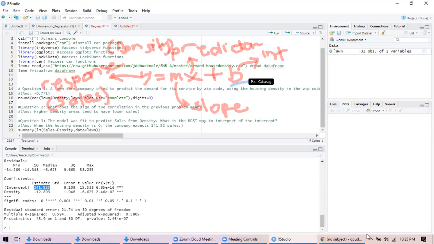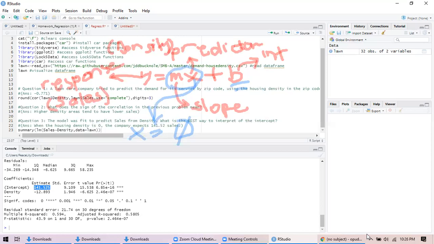In order to get this guy, the intercept, what did you have to do with this one? Mx. Like in order to get b, what did you have to do with this guy? It has to go to 0, right? Yeah, x has to equal 0. The slope isn't 0, obviously, because we have it right here.